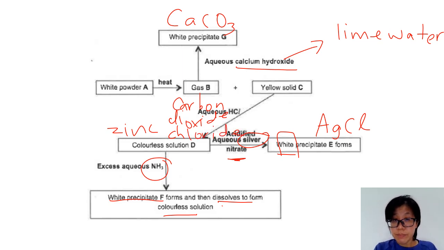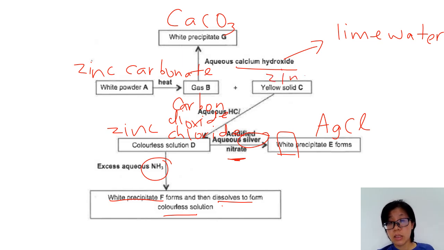Then over here must be zinc something, because we say this is carbonate, right? So zinc carbonate. Okay, so if zinc carbonate, carbon dioxide comes up, this one is zinc oxide.